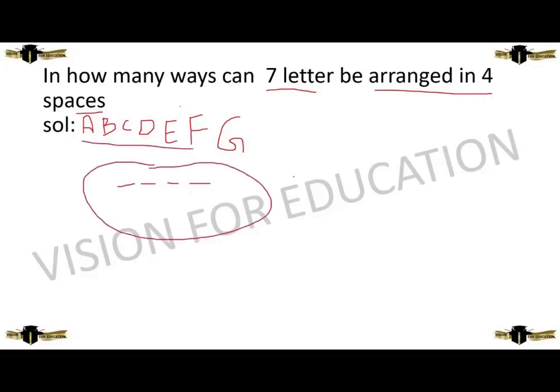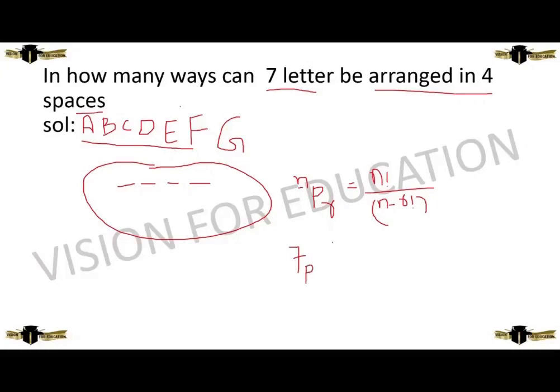Here comes the formula: nPr is equal to n factorial by n minus r factorial. Here n means the number of letters, that is 7.